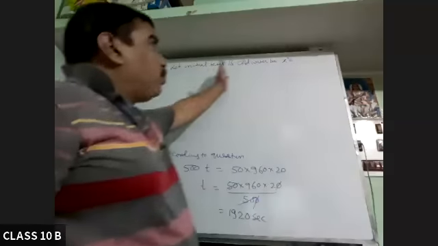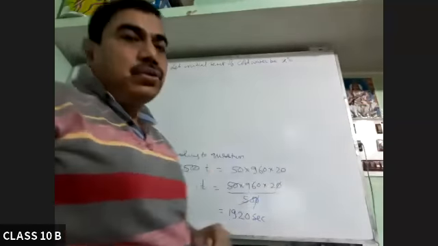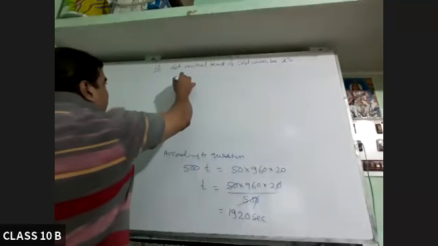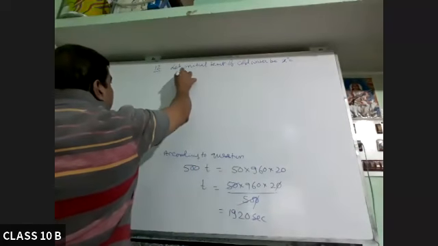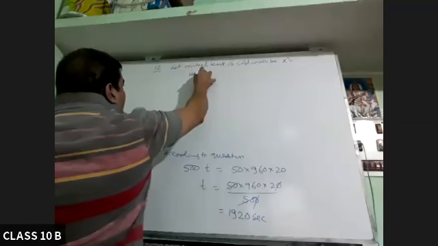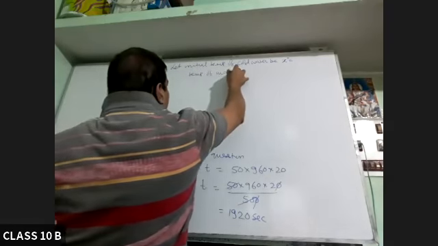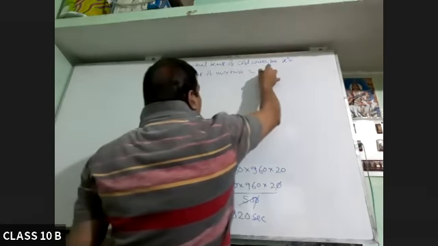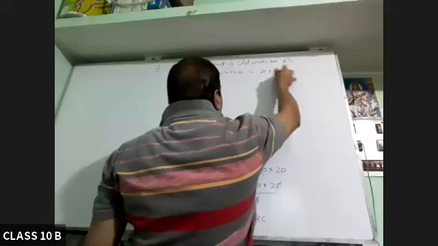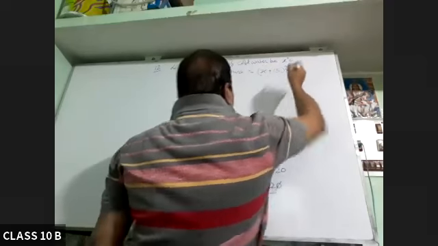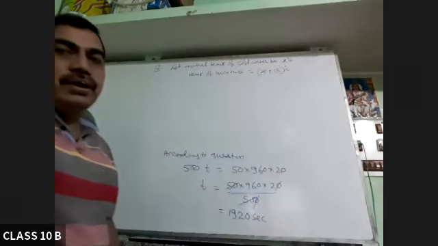So the temperature of cold water we have taken as X. So what will be the temperature of the mixture? The temperature of the mixture will be X plus 15. Its temperature rises by 15 degrees Celsius.